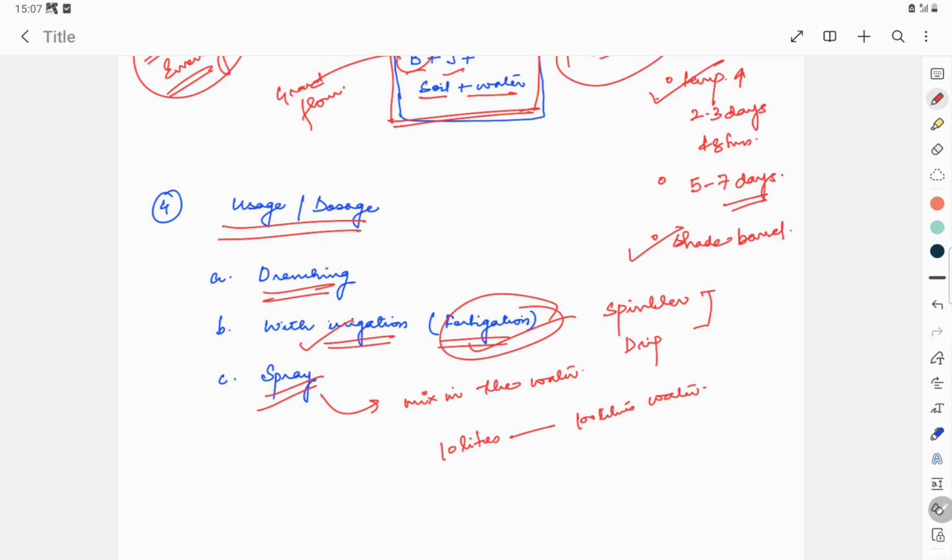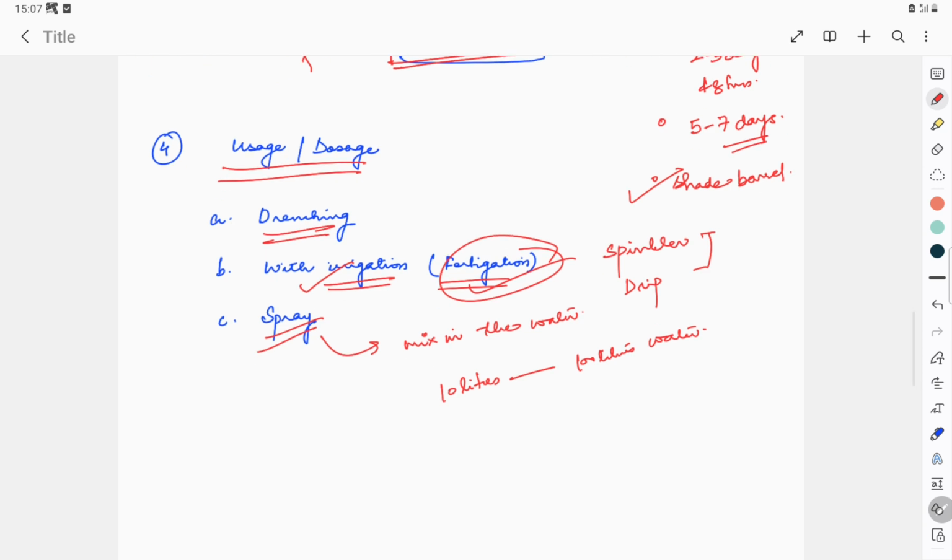One thing I want to tell you about dosage and usage is that I have searched many research papers, but there is no proper dosage that I found. For chemicals we have a proper dosage, and even for organic fertilizers and biopesticides there is a proper dosage for how much to mix in water and how to apply.